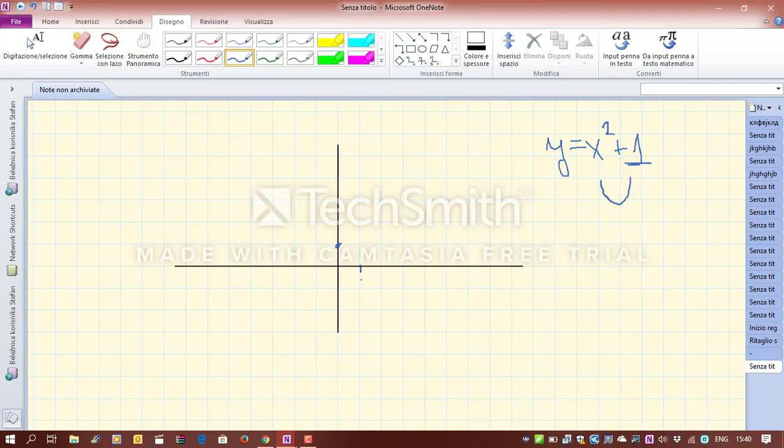And let's say I have 2 points. If I take x as 1, y will be 1 squared, which is 1, plus 1 will be 2. So here will be one point, and if I use x as minus 1, it will be here, and the second coordinate of the point will be minus 1 squared is also 1 plus 1 is 2, so it will be here, and the function will have this shape.